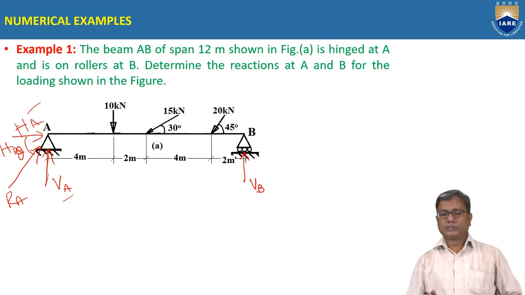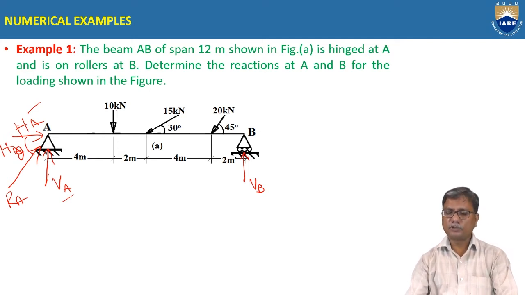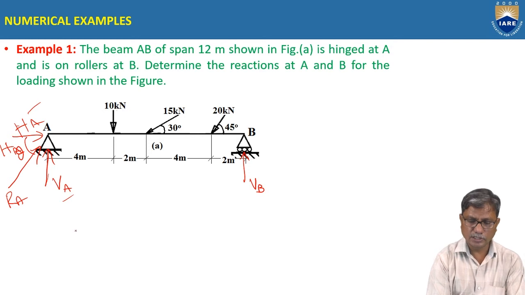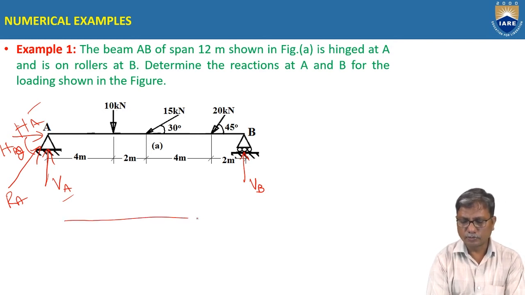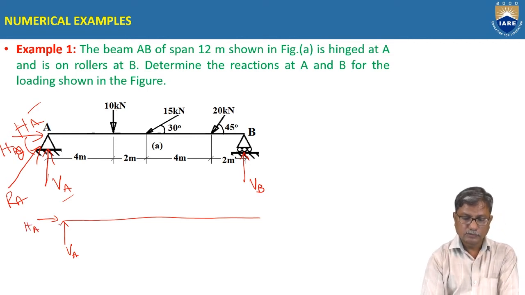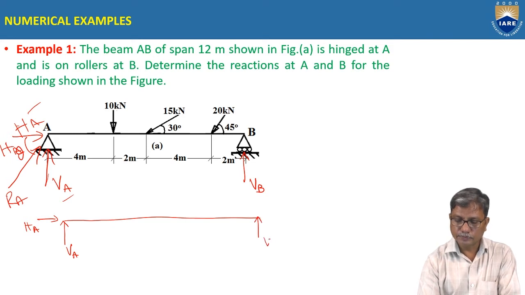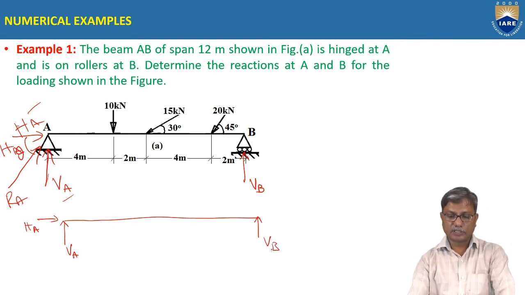For this beam, first we will draw the free body diagram. What is a free body diagram? We remove the supports first and replace them by the reactions. So at A there is a hinge, so we remove that and replace it with reactions. Similarly at B we have a roller which offers vertical reaction.